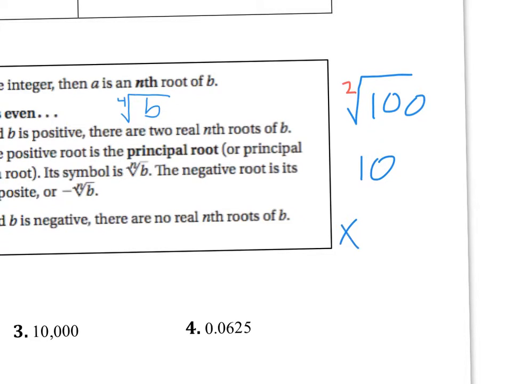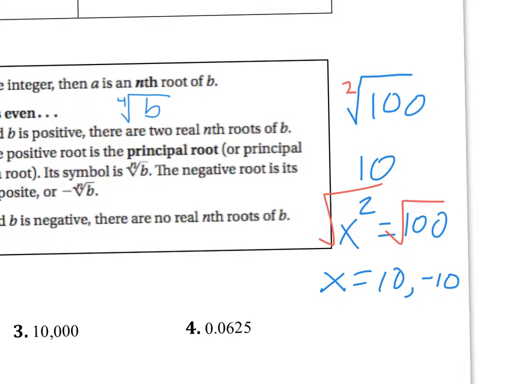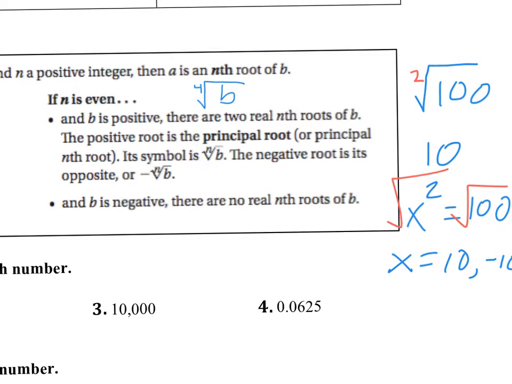But if I were to solve a problem that looked like this, and I took the square root of both sides, like so, then there are actually two answers. 10 is the principal root, and negative 10 is just the opposite there. So there are actually two numbers that satisfy this. What number can I square to get 100? Oh, that answer is 10, or I can square negative 10 to get 100 as well. So there are always two, one positive, one negative. Generally speaking, though, we usually deal with just the principal root when we're simplifying. When we're solving, we deal with both.